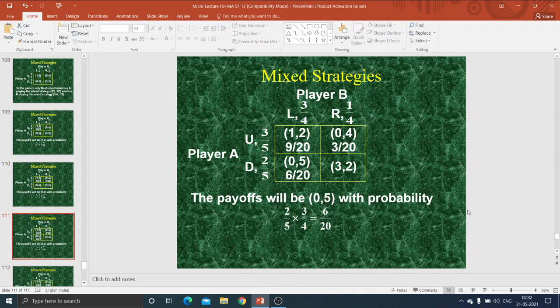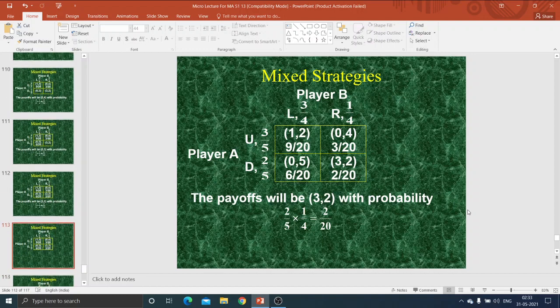The payoff will be (0, 5) with probability 2 by 5 times 3 by 4, which is 6 by 20. And the final one, (3, 2), has probability 2 by 5 times 1 by 4, which is 2 by 20.